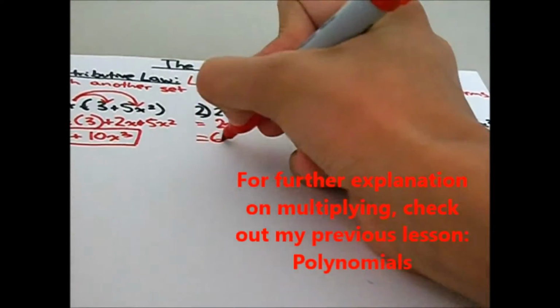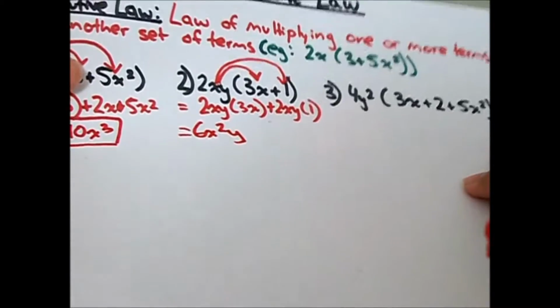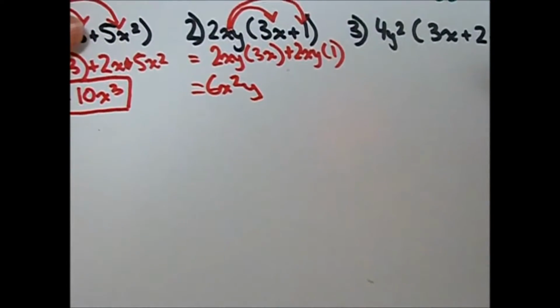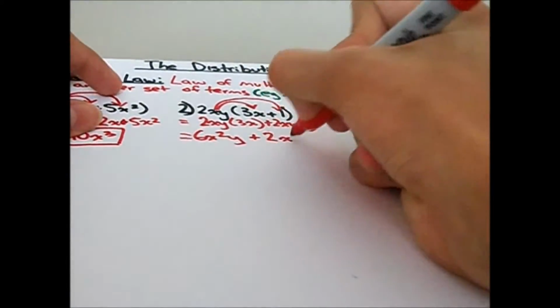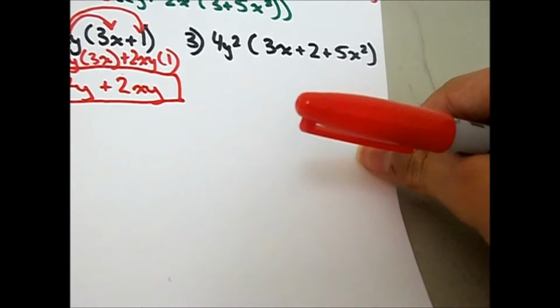That will give us 6x squared y, and 2xy times 1 will give us 2xy. There's our second answer.